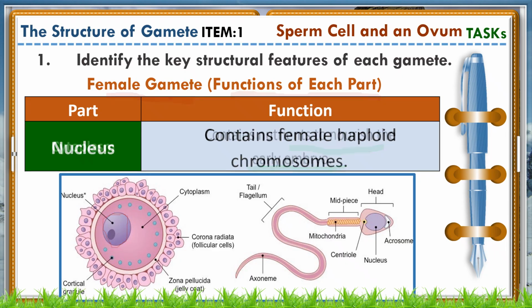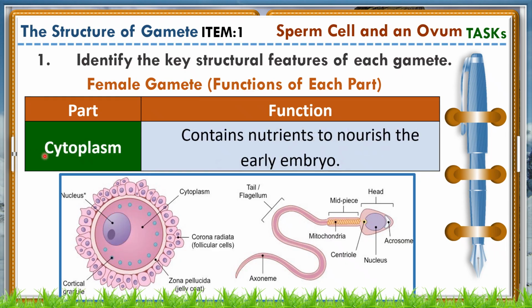Then we have another part, which is the cytoplasm. Our cytoplasm is the whole of this internal area, minus the nucleus. But all this area here is what we are calling the cytoplasm.